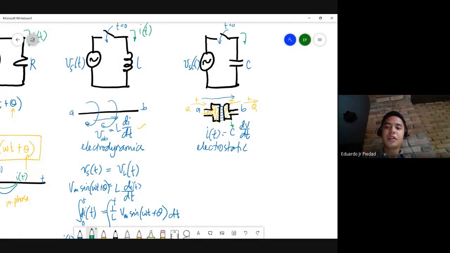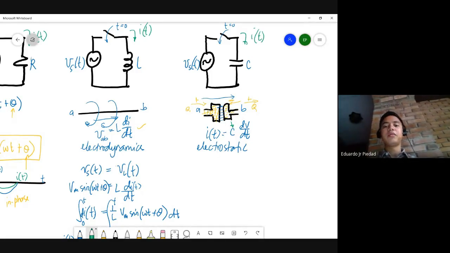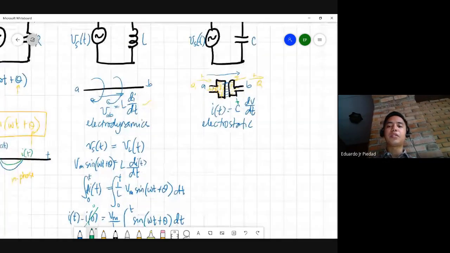Okay, so remember our objective is to show whether the current and voltage are really out of phase, no? Using the differential equation, in this case a first order differential equation.